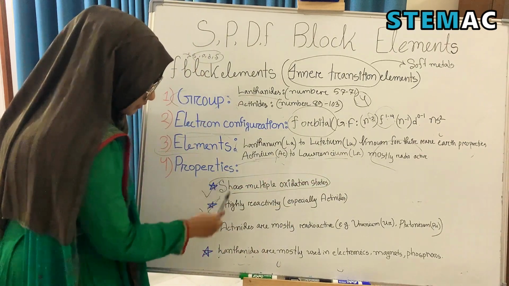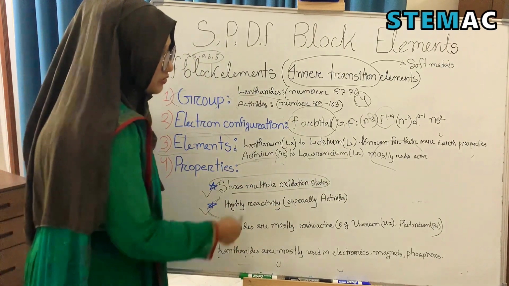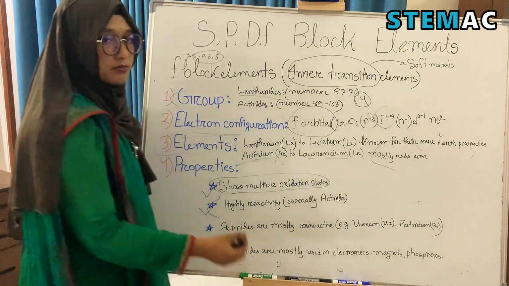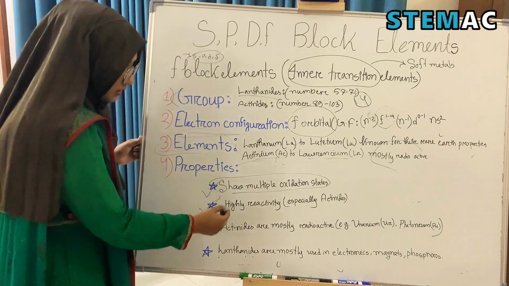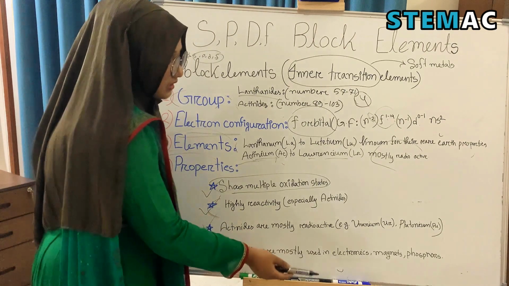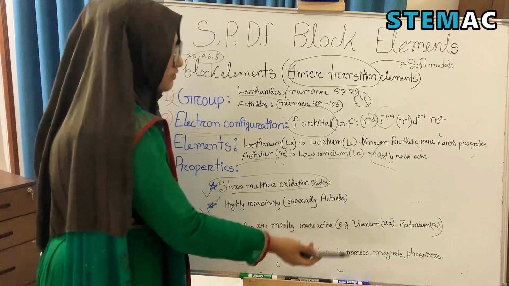Actinides are mostly radioactive, mostly uranium and plutonium. And lanthanides are mostly used in electronics, magnets, and phosphors.